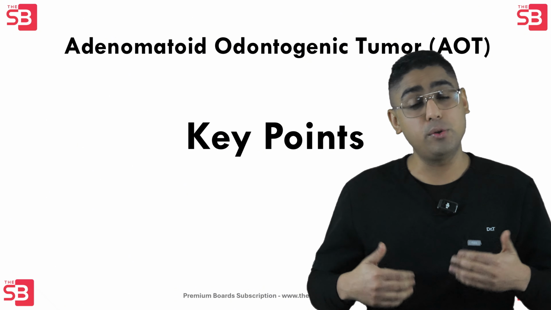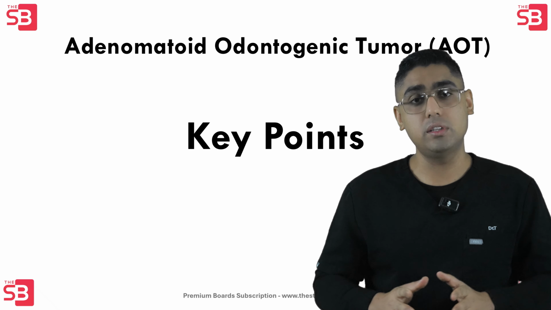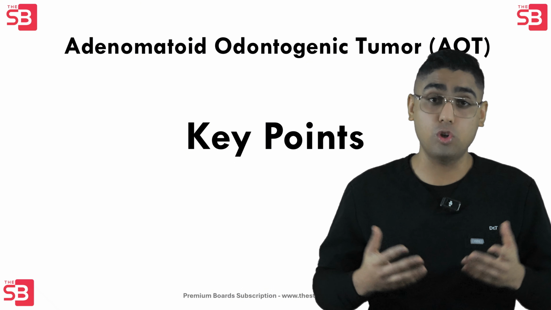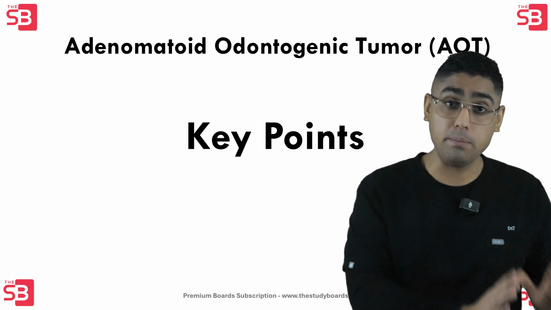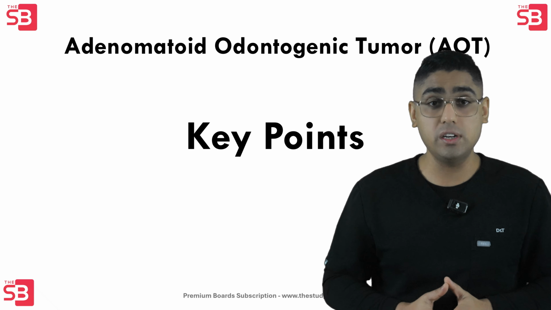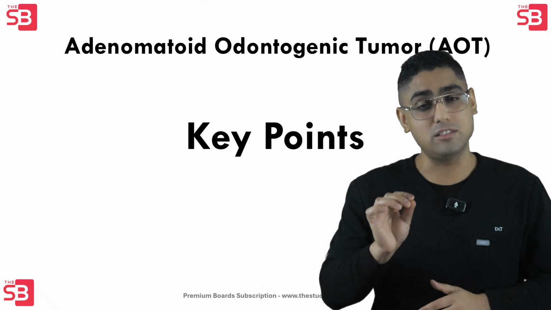Then we discussed radiographical appearance of AOT. Then we also discussed how the fibrous capsule that AOT has restricts the aggressive nature of it. Then we discussed the complications because that fibrous capsule itself limits the complications that arise. Then we discussed differential diagnosis in depth to help you understand how accurate diagnosis is very important.